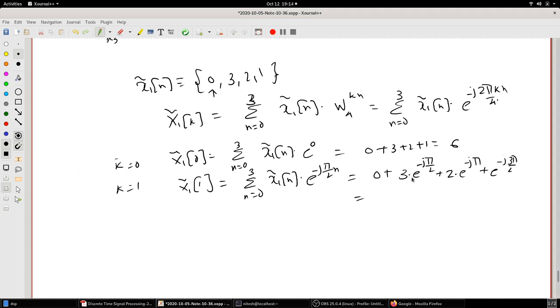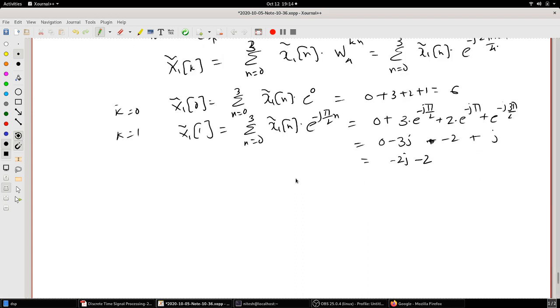So that is equal to 0 minus 3j, okay, plus 2 into minus 1, so this is minus 2, plus e raised to minus j 3 pi by 2, so this is plus j. So this is minus 2j minus 2, okay, this is what you have.